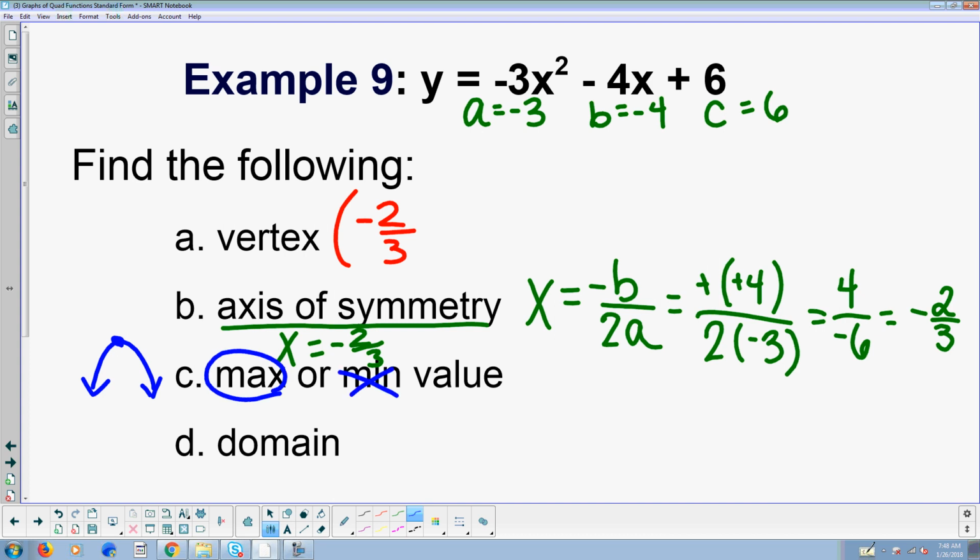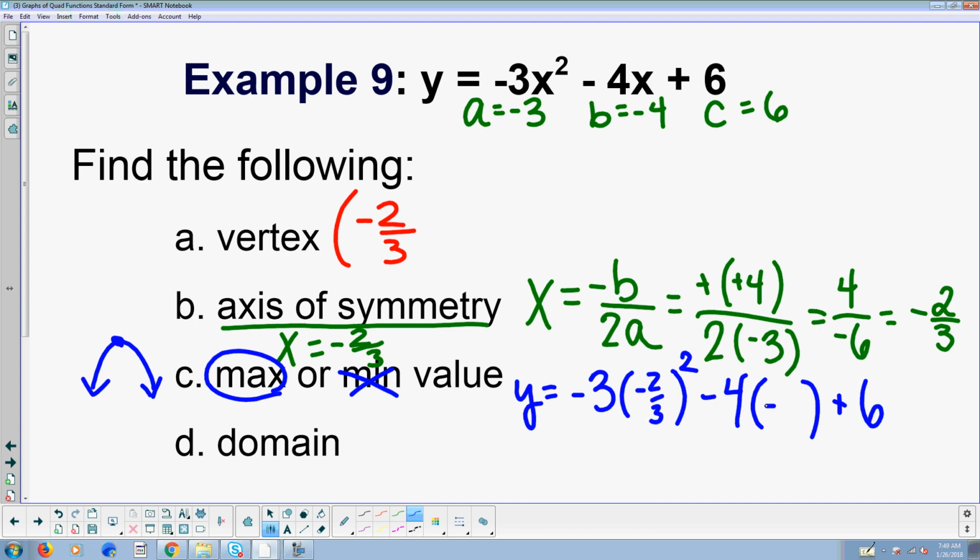So we have a maximum value, and we're going to calculate it by substituting our axis of symmetry, negative 2/3, into the formula. So we're going to say y equals negative 3, and I'm changing all the x's to parentheses first. Replace all x's with parentheses, and inside those parentheses, let's input negative 2/3.